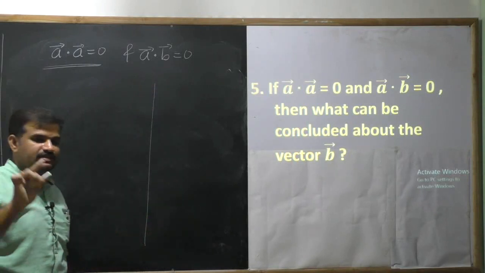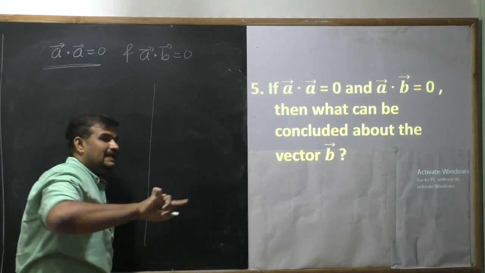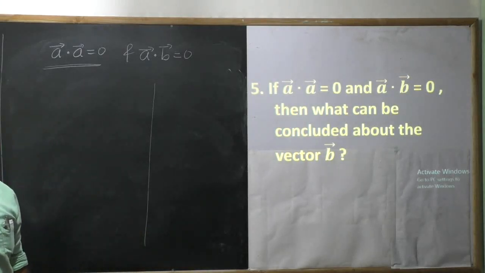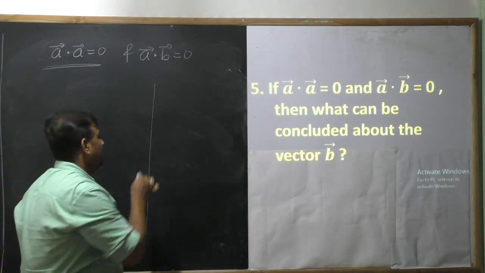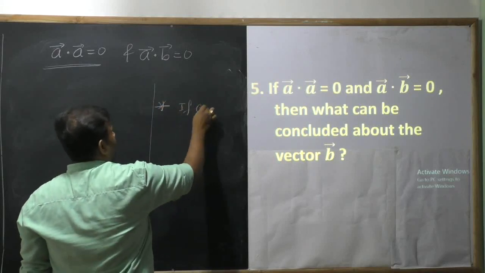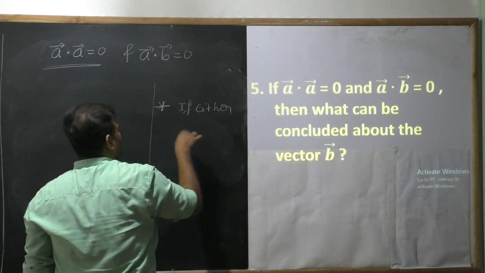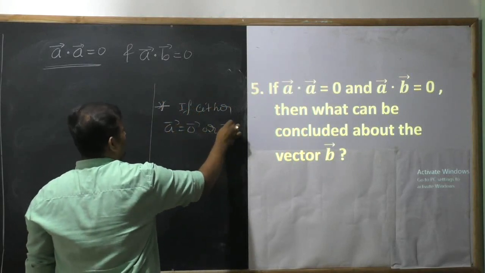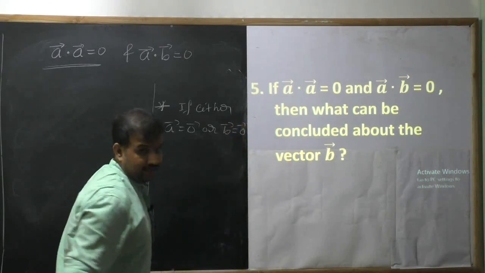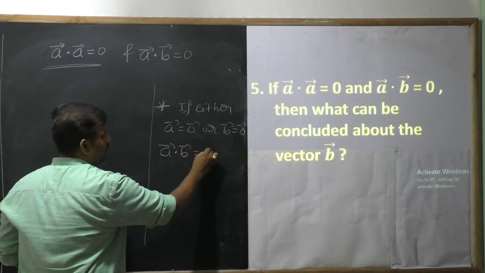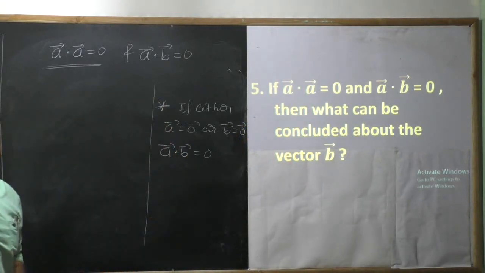The dot product is 0 only when either of the vectors is 0 or the angle between two non-zero vectors is 90 degrees. That means the first possibility is if either vector a is a 0 vector or vector b is a 0 vector, then a dot b is equal to 0. That is the first possibility.